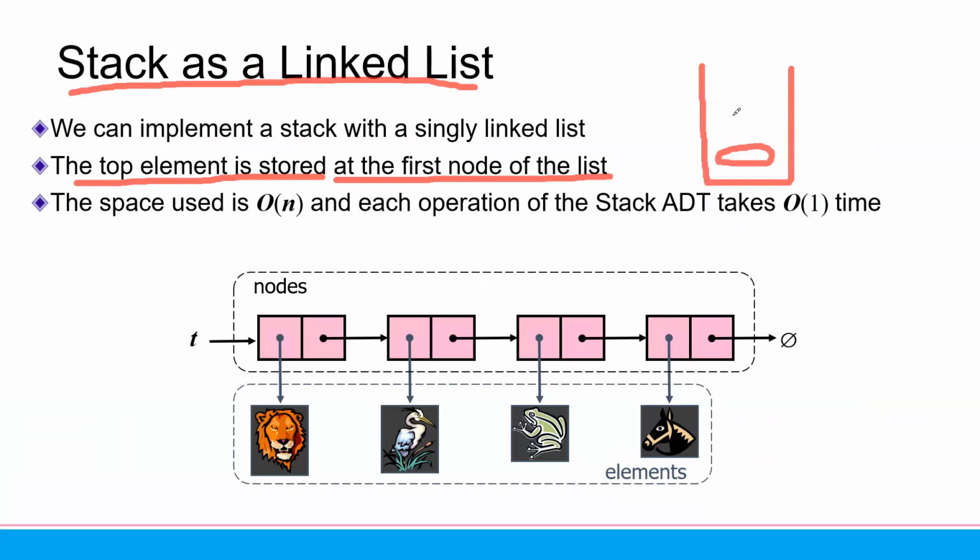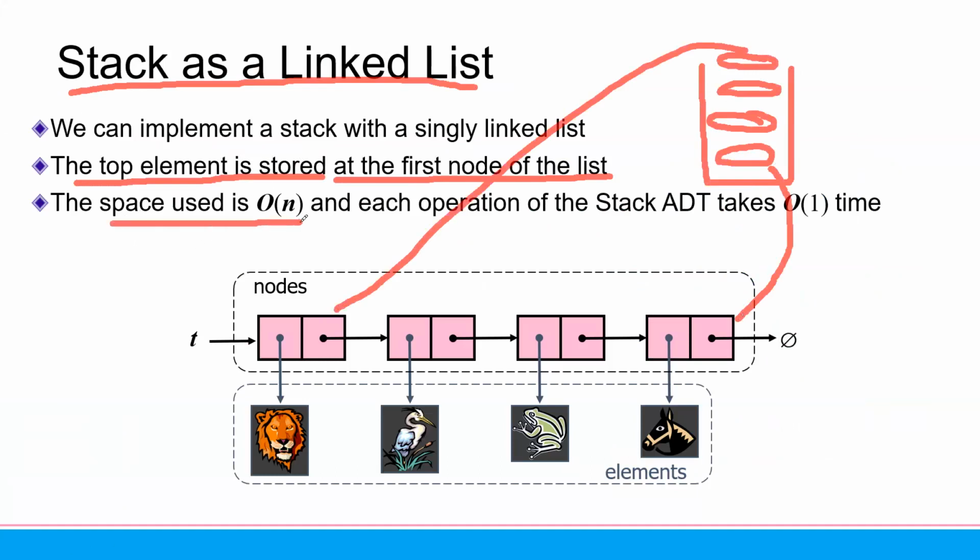So the top will be the first, and the bottom is the last one. We will use space O(n), and each operation in this stack is O(1). But as you know, if we apply this stack and we remove the tail, it takes O(n).